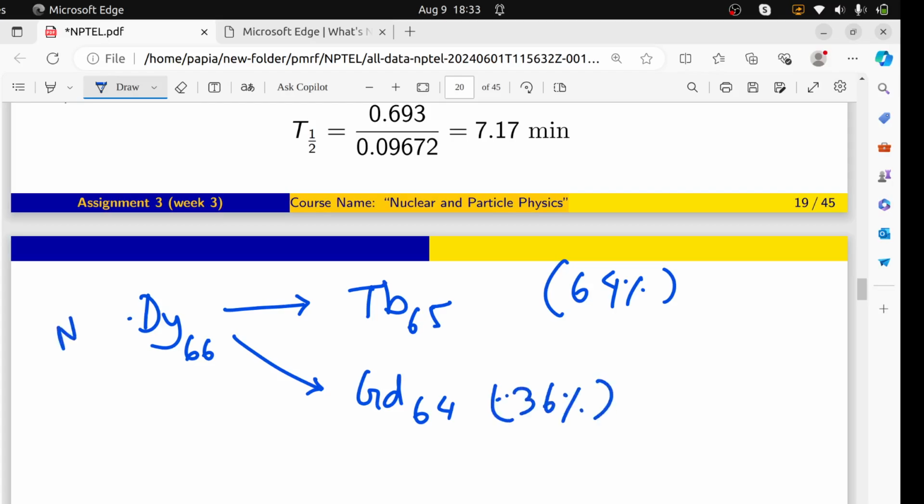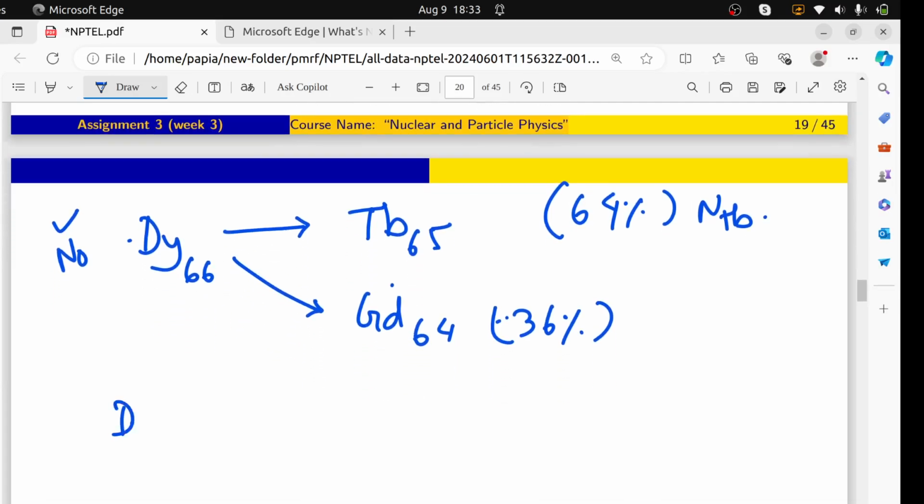As there is N0 given and also N of TB given, and there is no information about the GD, for this question we will focus on TB only, not the GD. Now we will focus only on this one. Dy is going to TB. This is 66, this is 65, and this is 64%.